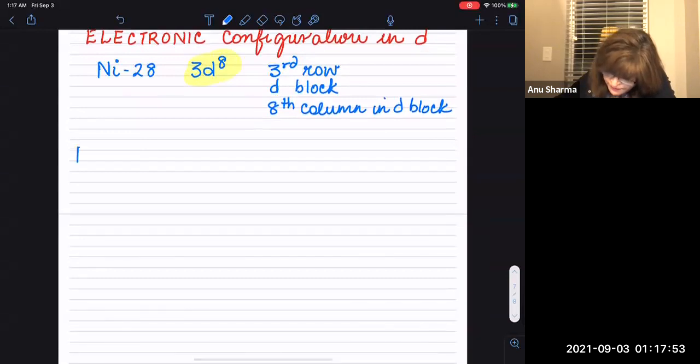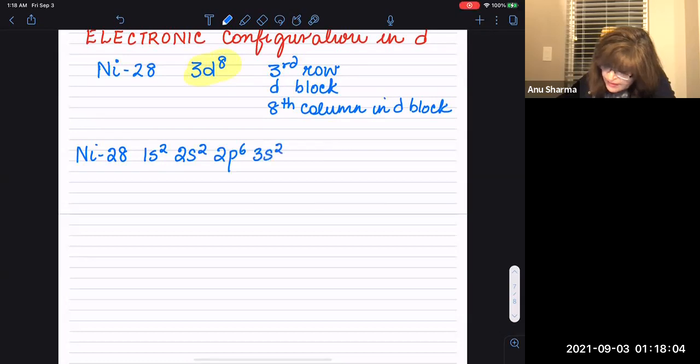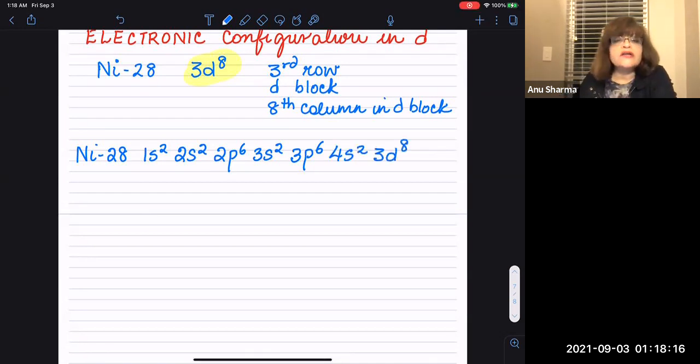Nickel 28: 1s2, 2s2, 2p6, 3s2, 3p6. This is standard. But remember, after 3p comes the 4s. So here is your 4s2 and then 3d8 and you end.